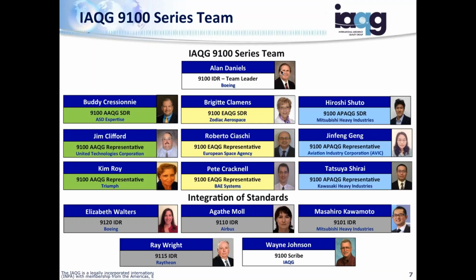Last version, there were some pretty good requirements the 9110 and 9120 teams came up with, but the 9100 was 6 to 9 months ahead of them. We couldn't go back and bring in some of those requirements. So what you'll see is probably a lot more commonality between 9110 and 9120 than you've seen in the past. Of course, now all the standards are released, including the 9101.